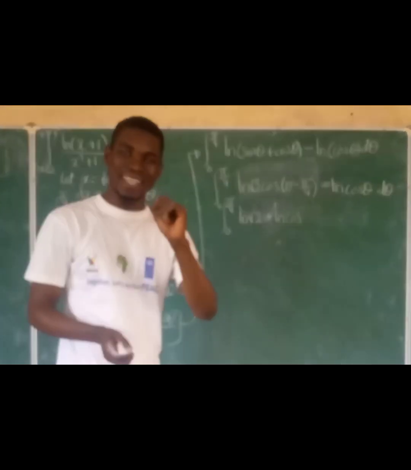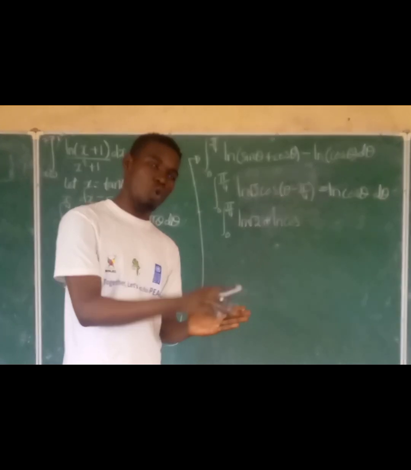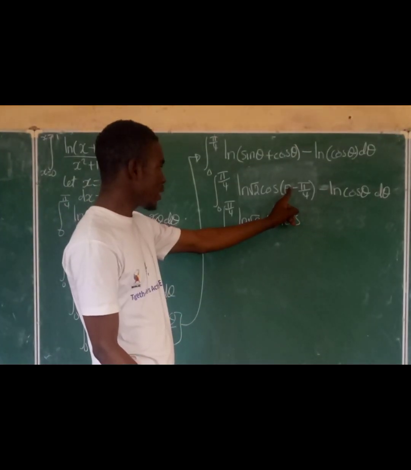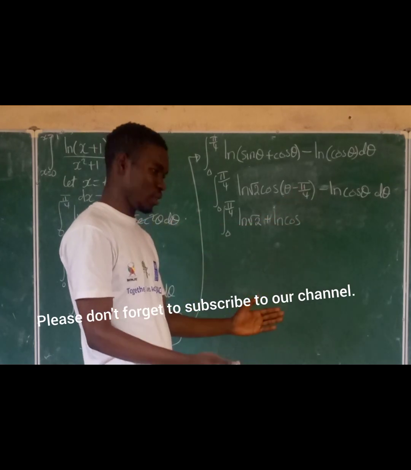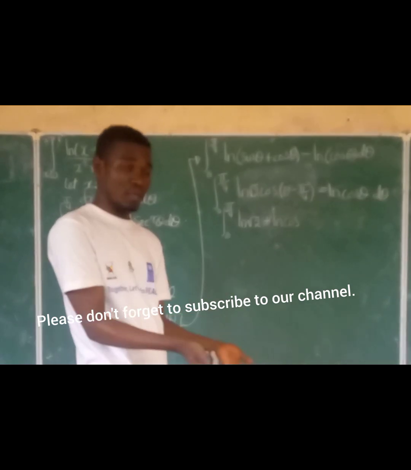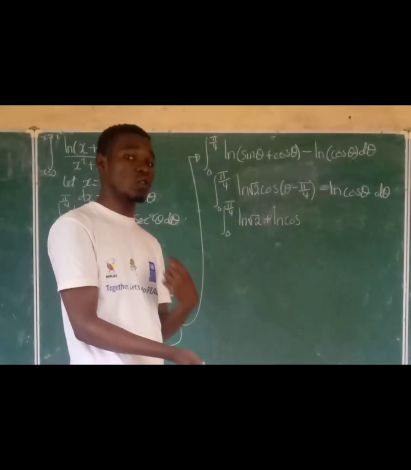Now, cos theta is an even function, right? So cos of theta is the same as cos of negative theta. So I might want to write this theta minus pi over 4 as the negative of that result. It still remains the same because cos is an even function, like I said. Cos x is the same as cos of negative x, okay?